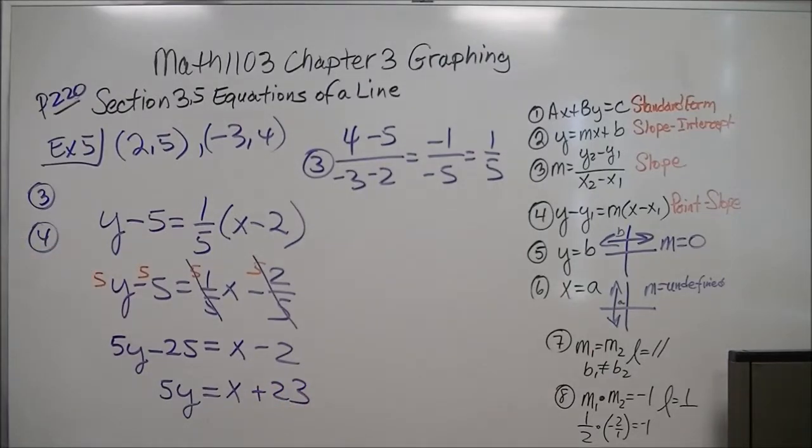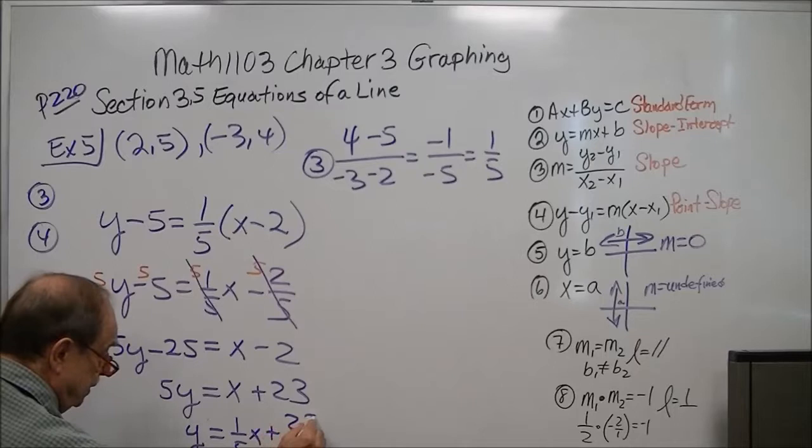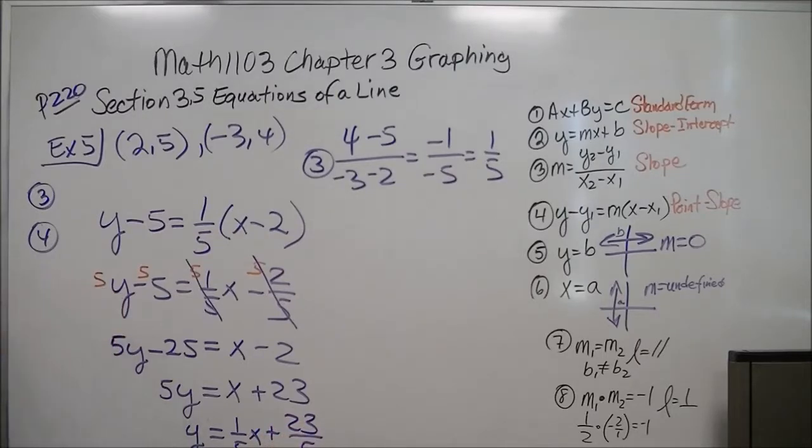Now, if I want to solve for the slope-intercept form, I can use this equation very easily. I'm just going to divide everything by 5. So y equals 1/5 x plus 23 fifths.